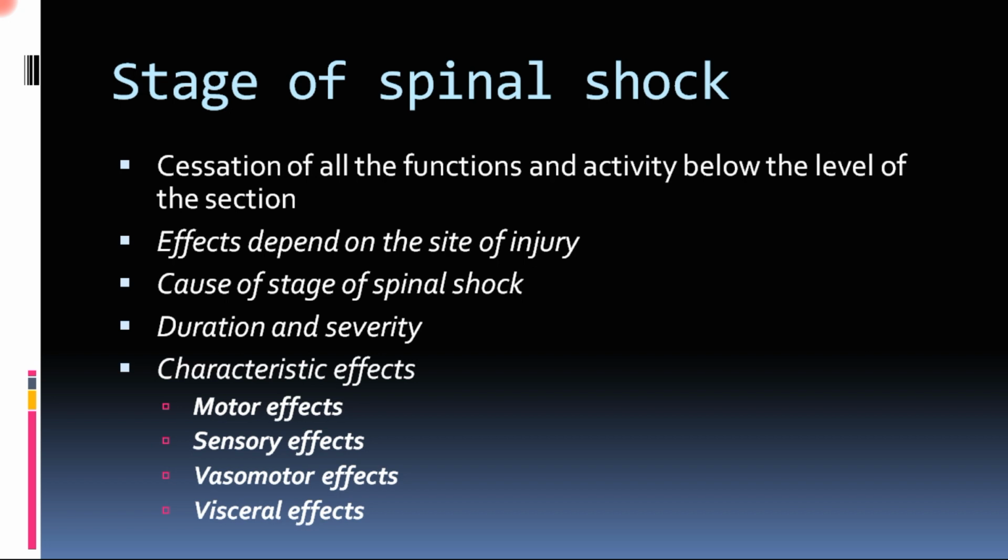If the transection is at the T1 level, the impact of vasomotor deficit will be major, whereas if it is at a lower level, L1 or L2, the impact of vasomotor effect will be minor, because it will involve only some part of the body. Whereas if it is at the T1 level, it will impact almost all parts of the body, and the vasodilation effect will be major, which will then cause further decrease in the blood pressure and make it difficult to maintain the blood pressure.